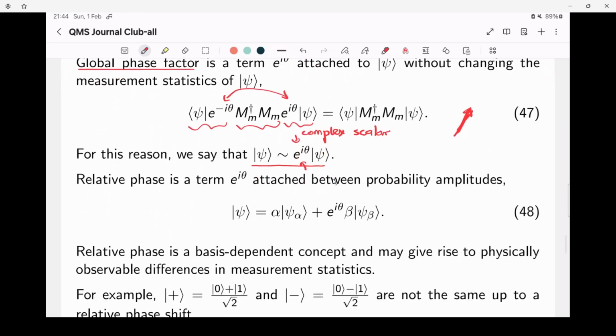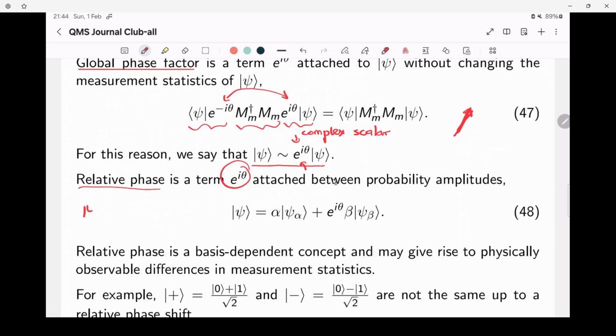But there is another type of phase which we call a relative phase. It's the same term, but now it is attached to your probability amplitudes instead of multiplied into your whole quantum state.